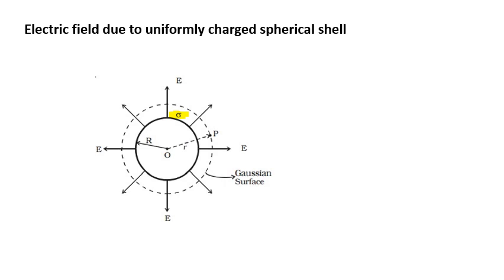Since the charge is on this shell, the electric field will be in the outward direction. Now we want to calculate electric field at various places: inside the shell, on the shell, and outside the shell.